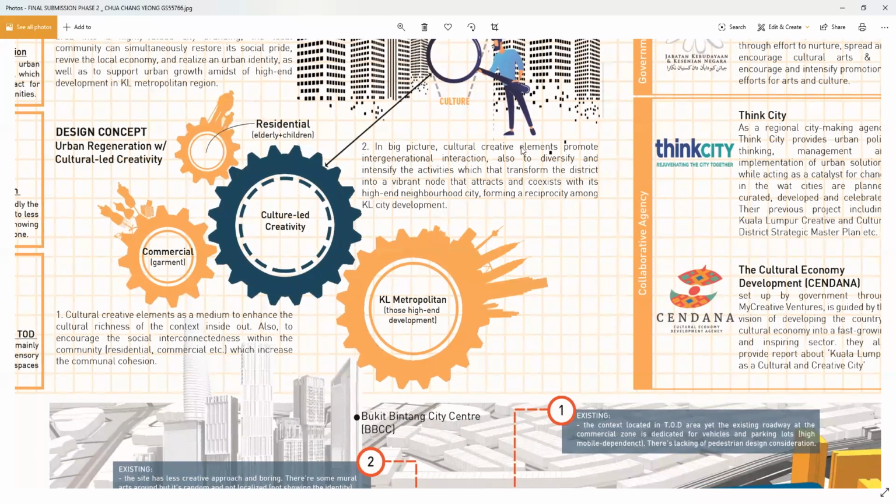Okay, so in the big picture, the cultural creative elements are trying to promote intergenerational interaction, and also to diversify and intensify the activities, which transform the district into a vibrant node to attract and cohere with its high-end neighborhood cities, forming a reciprocity among the KL city development.